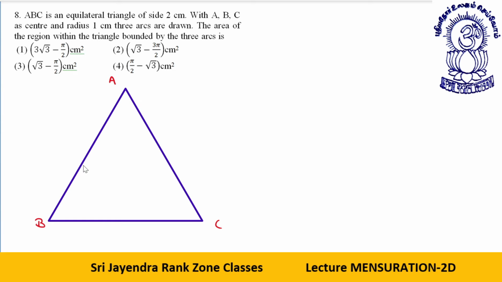This side is 2, radius 1 centimeter means if I start from here, 1 will be like over here. I draw an arc as given in the question. With ABC as center and radius 1 centimeter, 3 arcs are drawn. The area of the region within the triangle bounded by the 3 arcs.